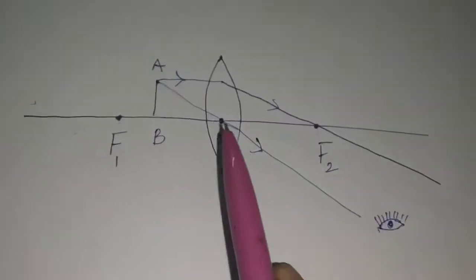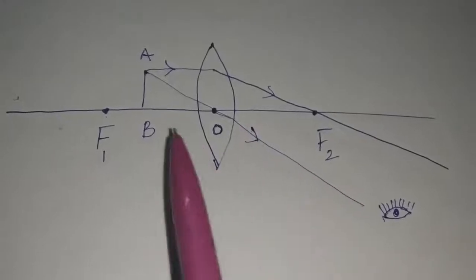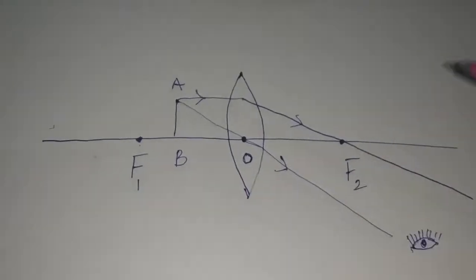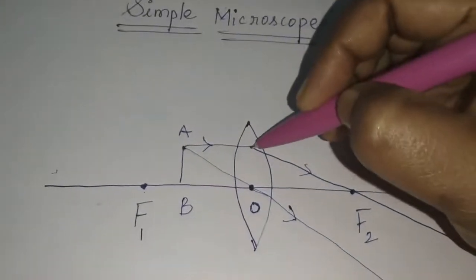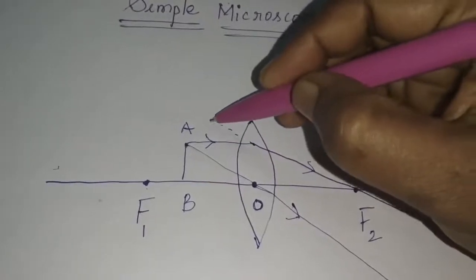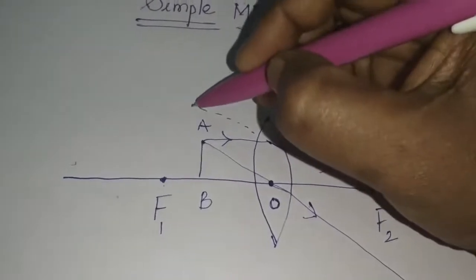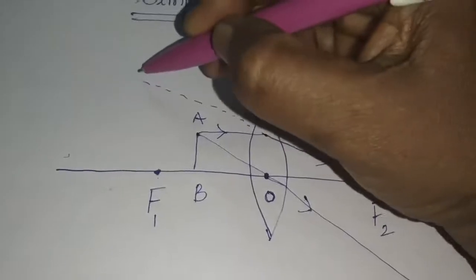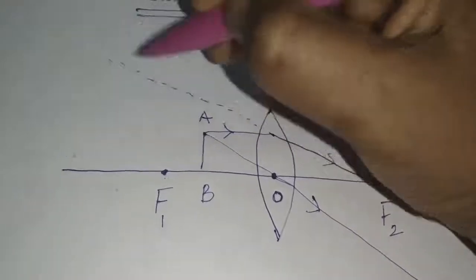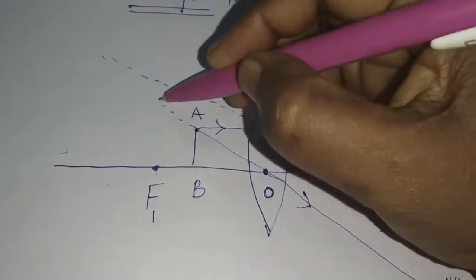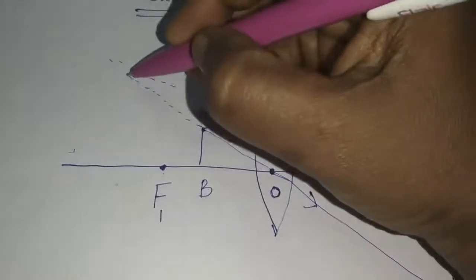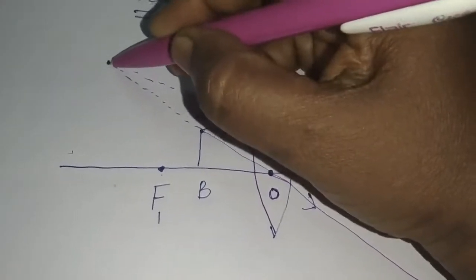Now you can see here the two rays are diverging, so you have to extend them backwards, to the same side of the lens. If you extend the diverging rays, they will meet at a certain point.